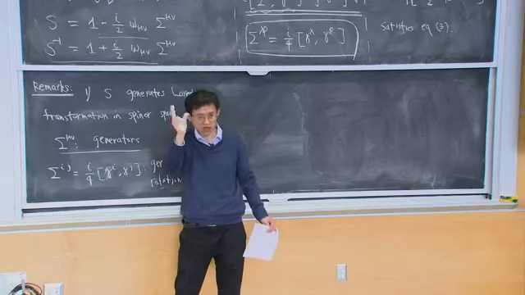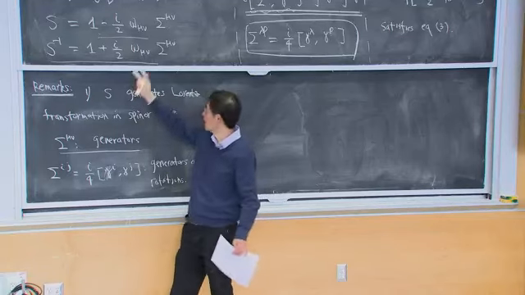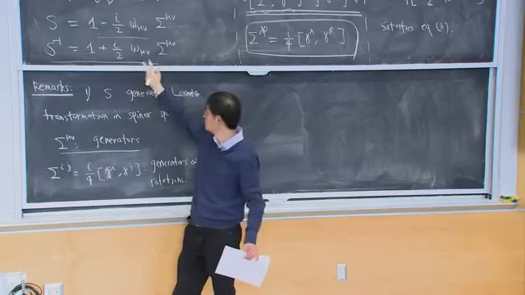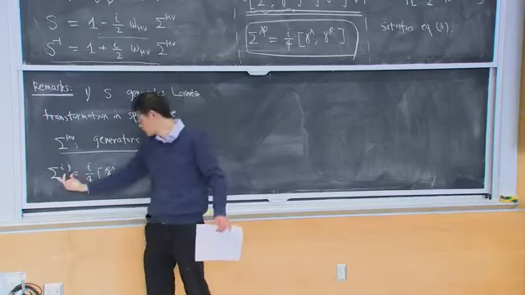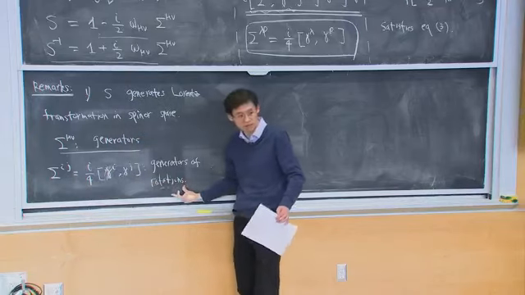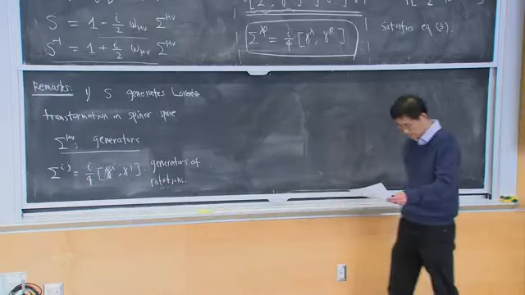So you just rotate in the ij plane by angle omega ij. So this is the generator of rotations in the ij plane.